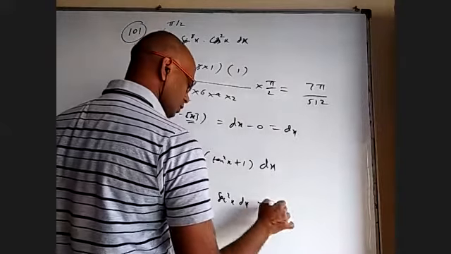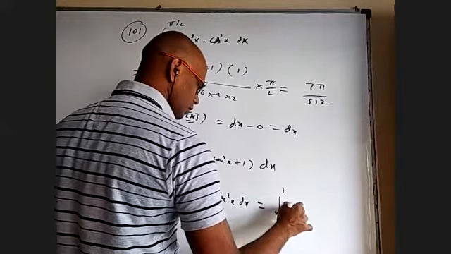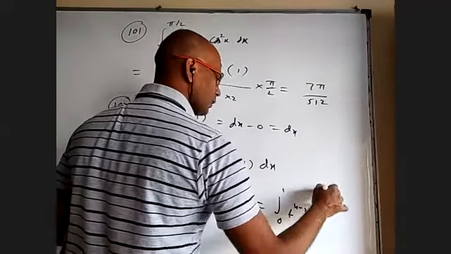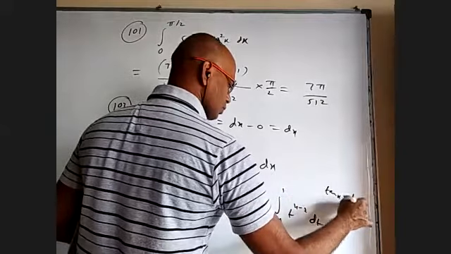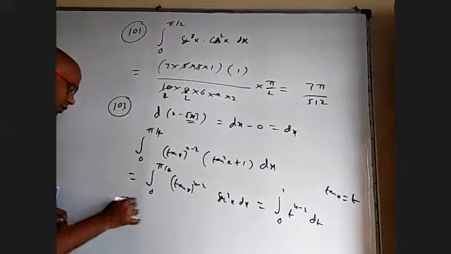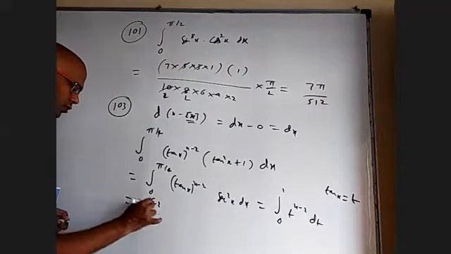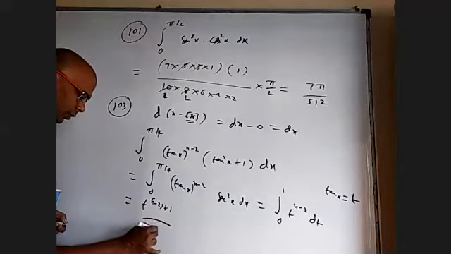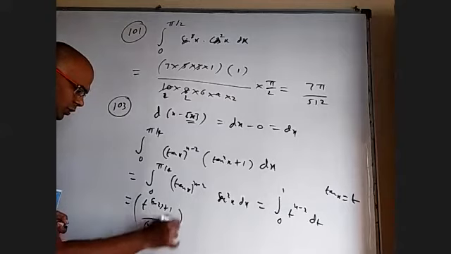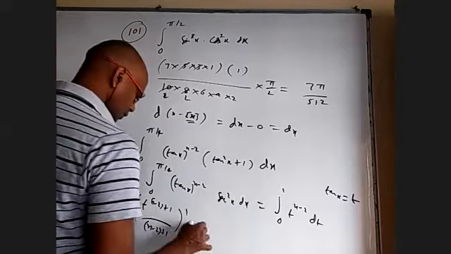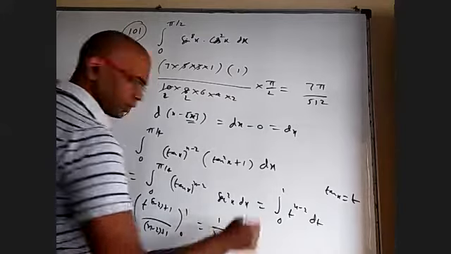So it will be integral 0 to 1 of t power n minus 2 dt, where tan x is equal to t. That's it. Its integral is t power n minus 2 plus 1 by n minus 2 plus 1 with limits 0 to 1, which is finally 1 by n minus 1.